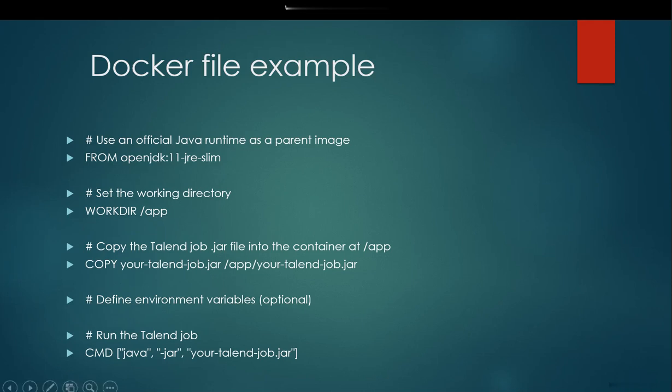We need the Java runtime, that's why we put it in FROM. Then set the working directory, so we set the work directory app, inside which we'll put the Dockerfile. Now we also put the COPY command to copy your Talend job jar file, which we exported, into this directory. And then we put the CMD java command for running the Talend job.